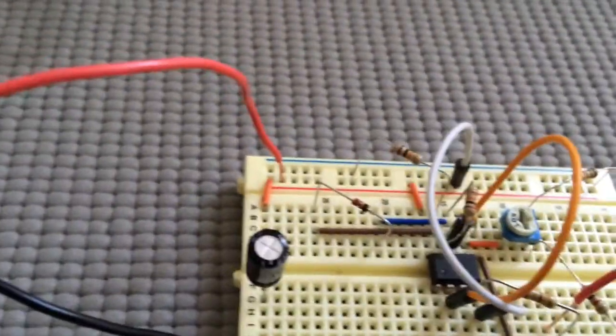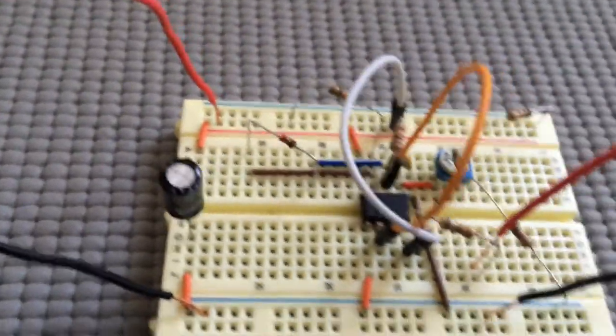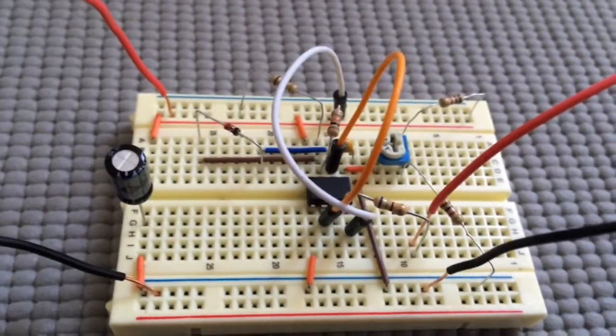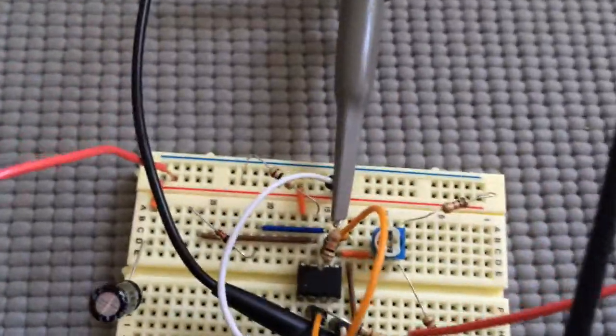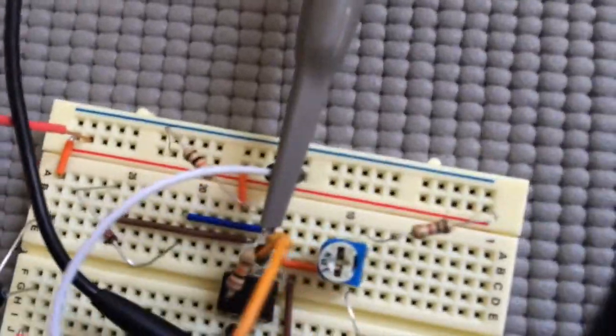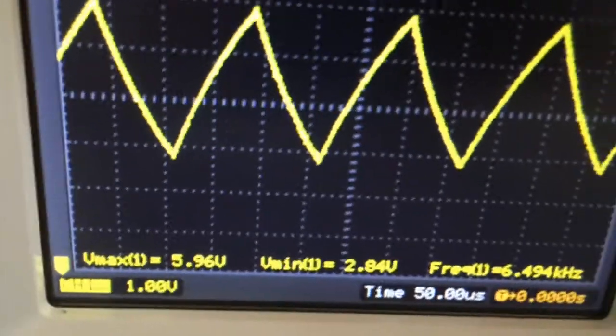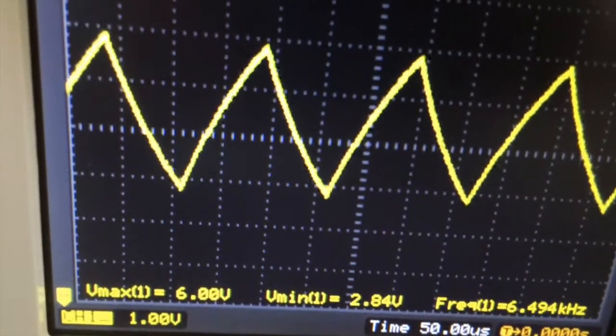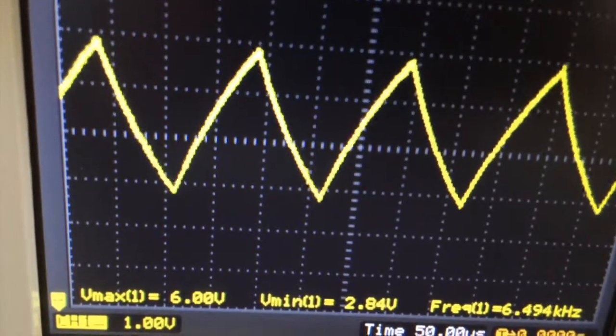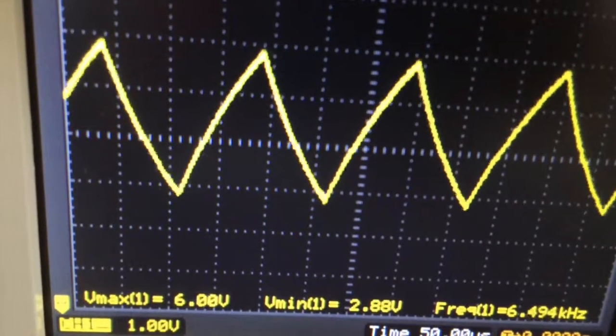So let me connect the oscilloscope to the capacitor so we can see the voltage change across the capacitor. So now I've connected an oscilloscope probe so we can look at the capacitor voltage. On the oscilloscope, we can see that the capacitor reaches a maximum value of 6 volts.